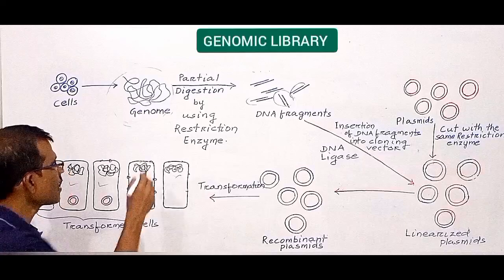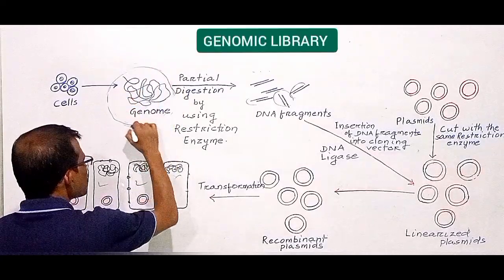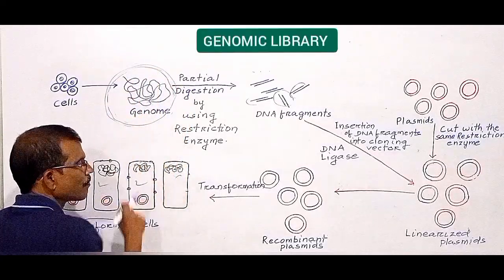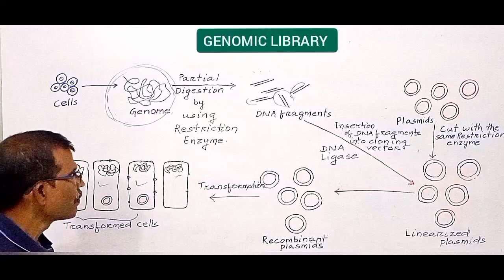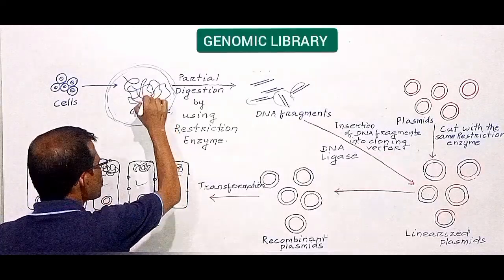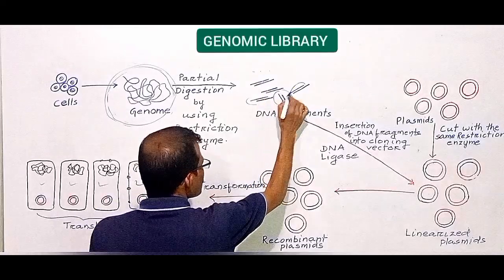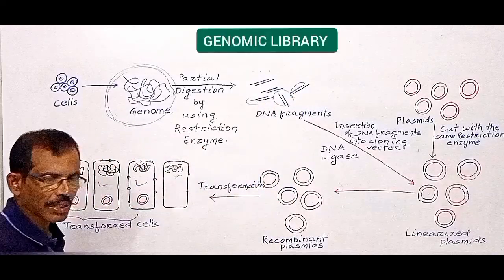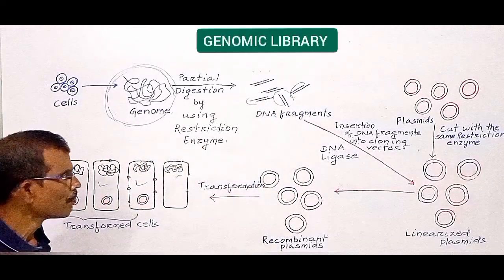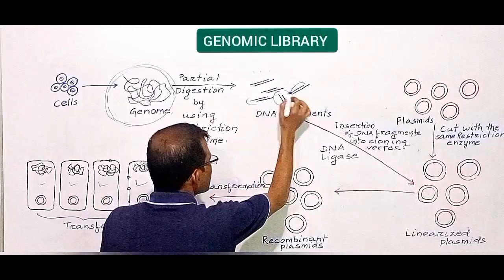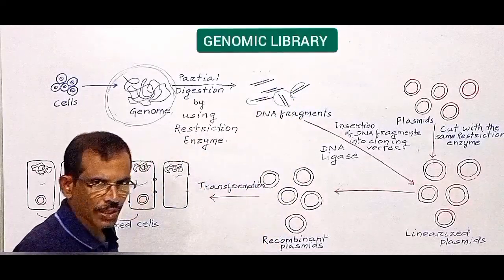First step is the extraction and purification of genomic DNA. Second step is the partial digestion of genomic DNA into fragments of similar size by using restriction endonucleases. Each of these fragments contain one or more genes.